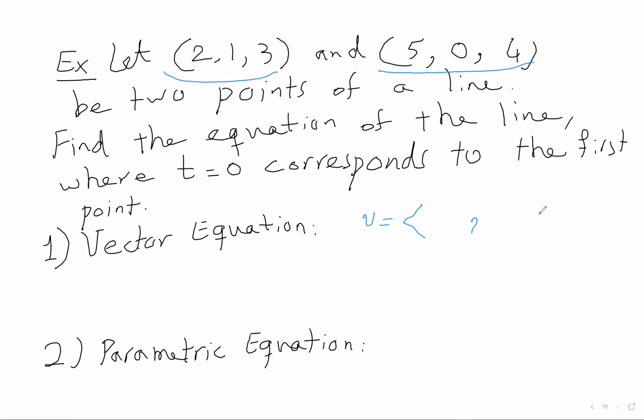The first coordinate minus the first coordinate, 5 minus 2 is 3, 0 minus 1 is negative 1, 4 minus 3 is 1. So this gives me the direction vector.